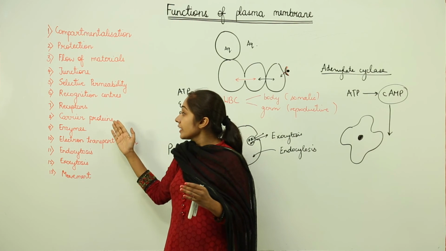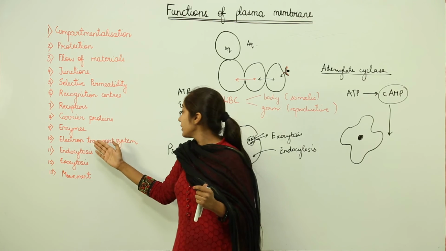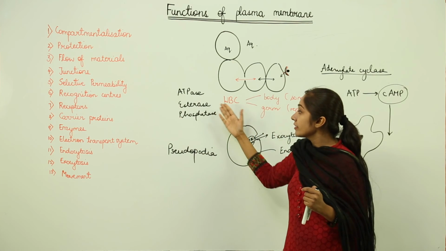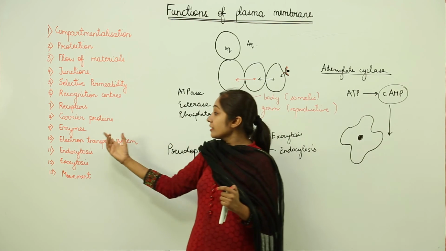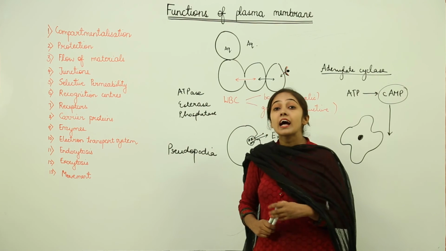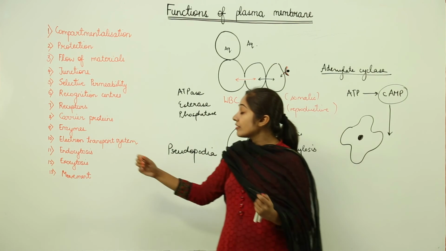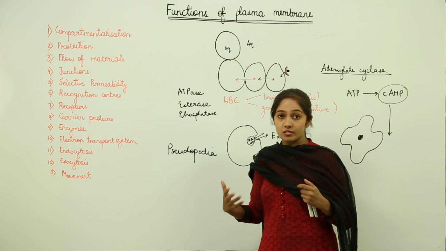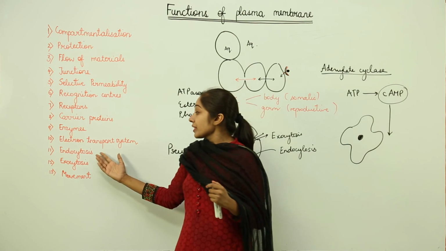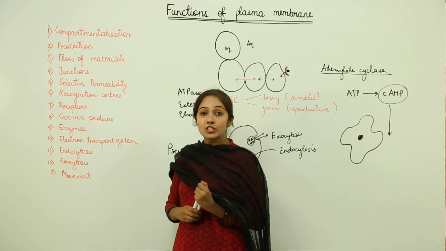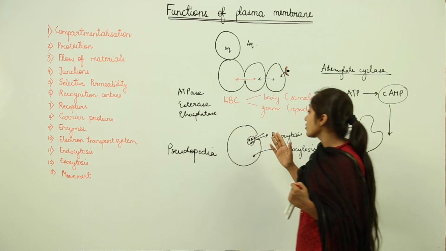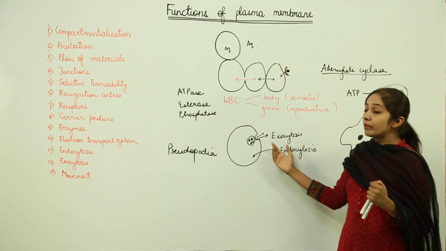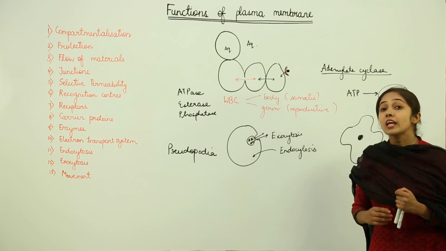Then we have enzymes. For example, I told you we have ATPase, esterase, phosphatase. Then in the membrane of certain organelles, for example thylakoids of chloroplast, we have the electron transport system that goes on and on. Then they also perform the important function, that is endocytosis and exocytosis. For example, I told you pancreatic cells are going to secrete the hormone insulin.